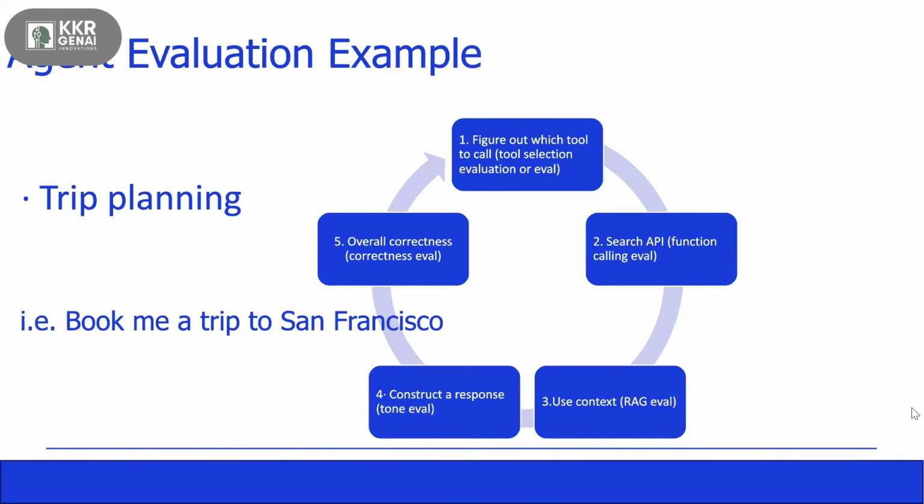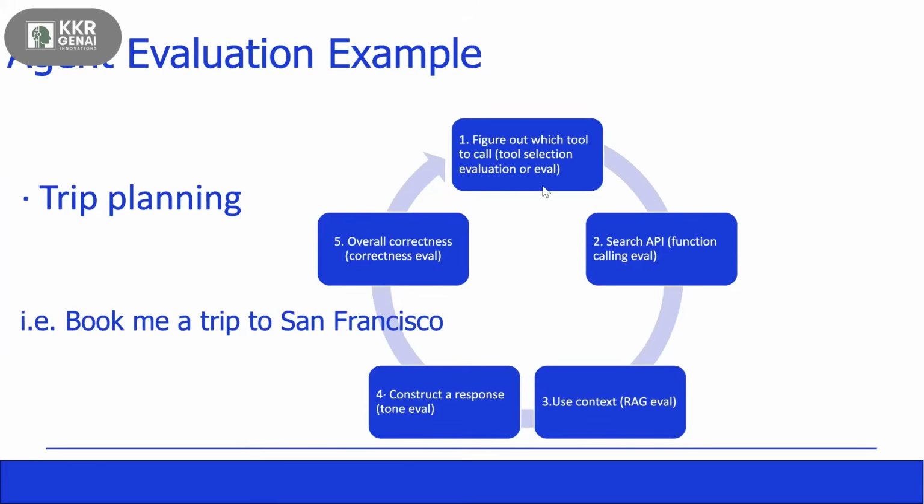Here comes the part of figuring out which tool to call, so it is choosing the right agent. Along with that, it should search with the APIs, as in India, like Air India, IndiGo, Vistara and others. There are multiple platforms, and even some third-party platforms where we can directly book flights as well.